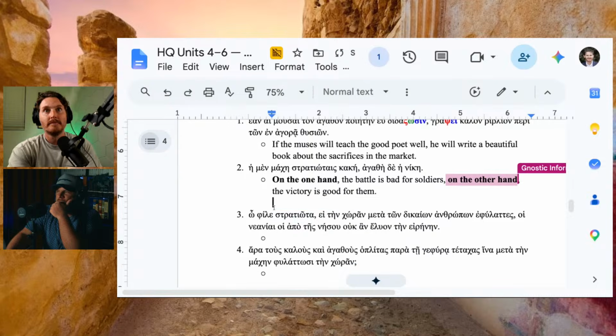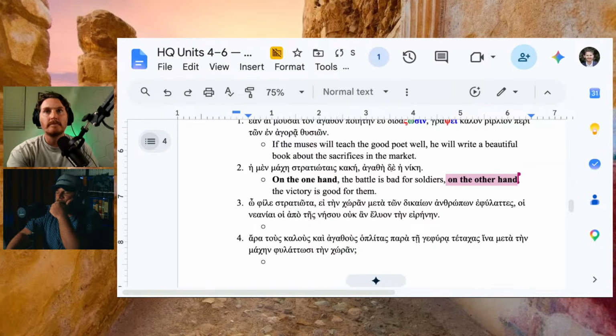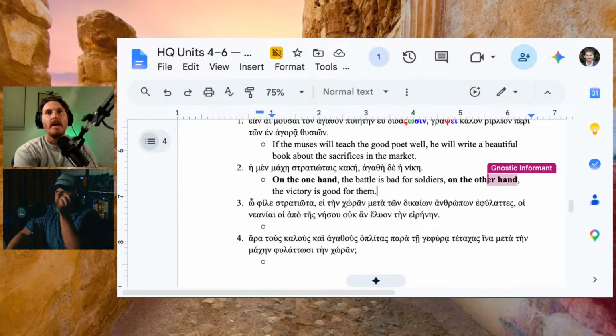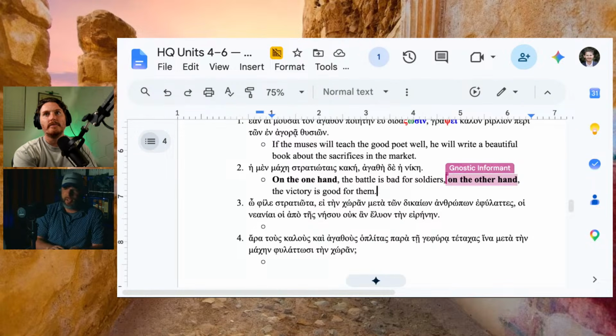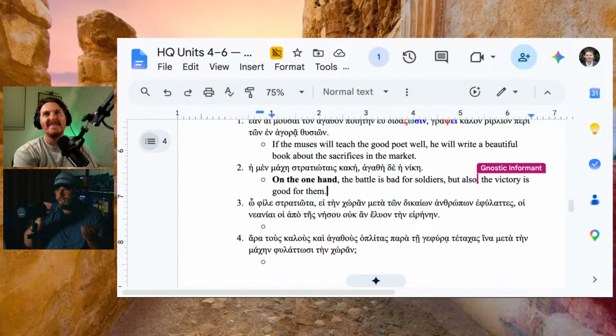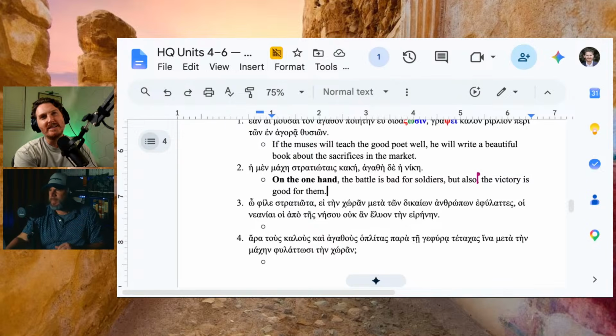Could you mess around with this in an English translation and say, like, on one hand, but also, if you want? But also is a little... I would do this.